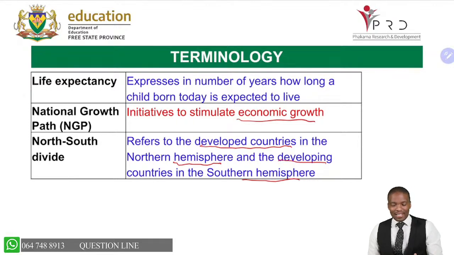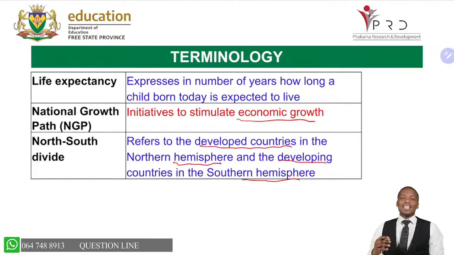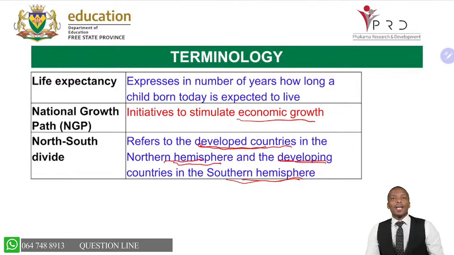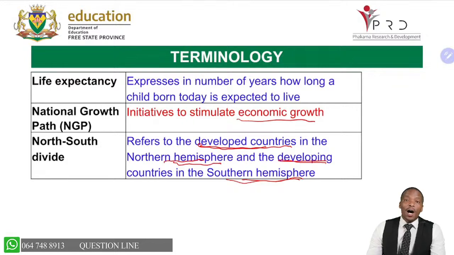The developed countries in the Northern Hemisphere as highlighted here, and the developing countries in the Southern Hemisphere. In our lesson, we'll also elaborate why you must really be specific in terms of mentioning the word developed countries in the Northern Hemisphere and the developing countries in the Southern Hemisphere. So these key concepts are very, very important for us to remember them and for us to know them.